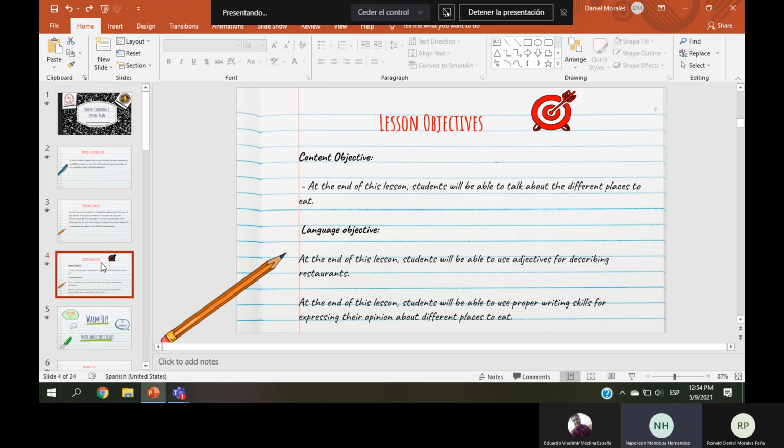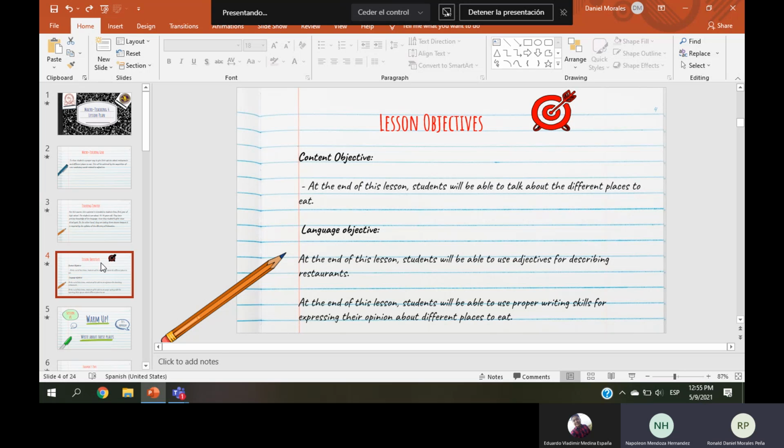Language objective. At the end of this lesson, a student will be able to use adjectives for describing restaurants. At the end of this lesson, a student will be able to use proper writing skill for expressing their opinion about different places to eat.